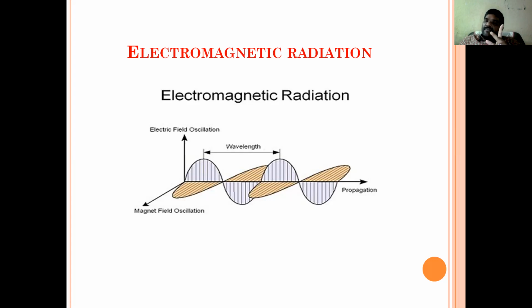The distance between two successive crests of the electromagnetic wave is called wavelength. And the number of cycles passing through one particular point at one particular time, we call it the frequency of electromagnetic radiation.